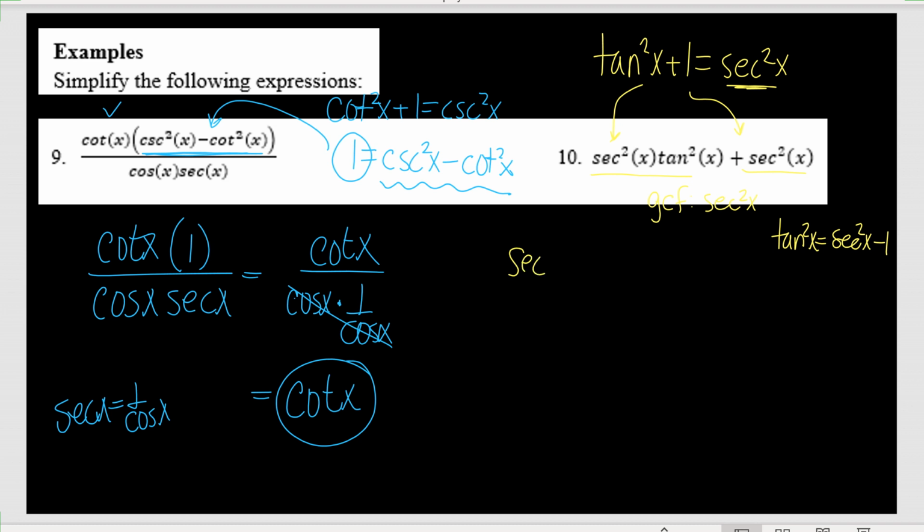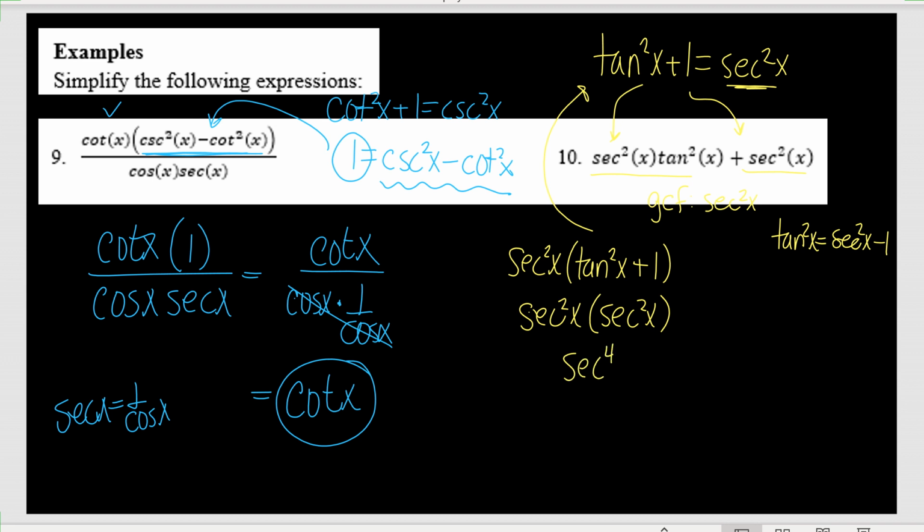So I'm going to factor out that common factor, secant squared of x, leaving me with a tangent squared of x plus 1. Secant squared divided by itself is 1. Tangent squared of x plus 1 is secant squared. We have that identity up at the beginning. So this is secant squared of x multiplied by secant squared of x, giving us secant to the 4th power of x. Awesome. We did it.